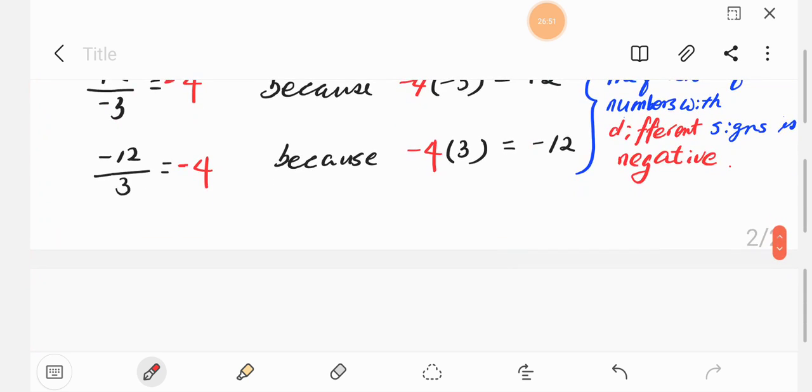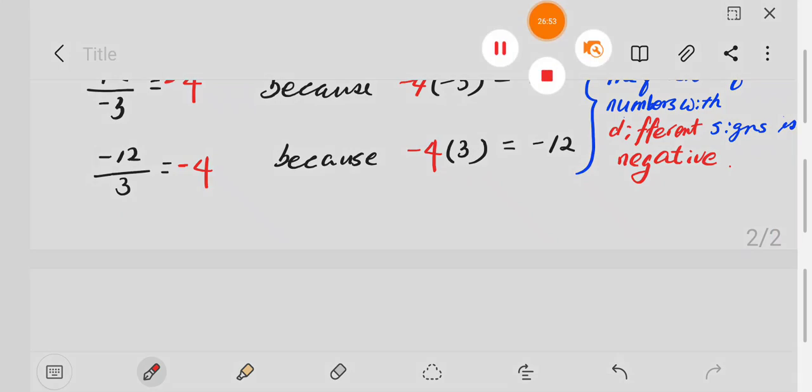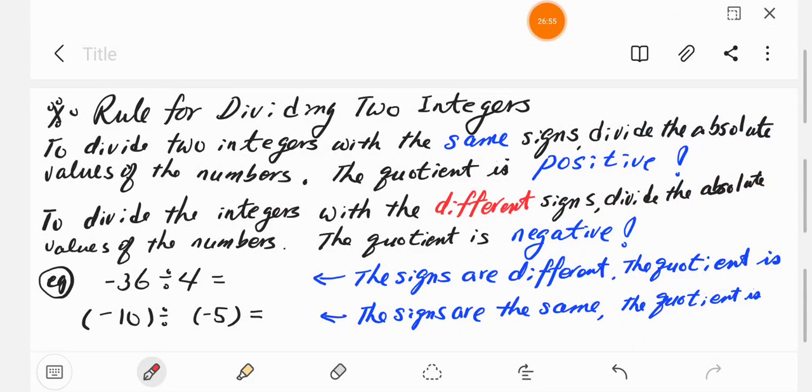All right, then let me write the property again. So this here is the rule for dividing two integers. Because there are two types of dividing two integers. To divide two integers with the same sign, the divisor and dividend have the same signs, then take the absolute values of these two numbers. Absolute values means make it positive.